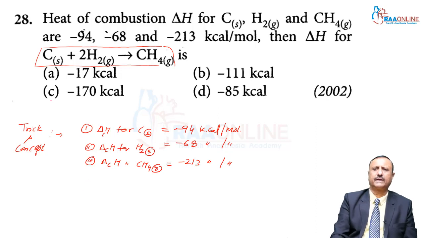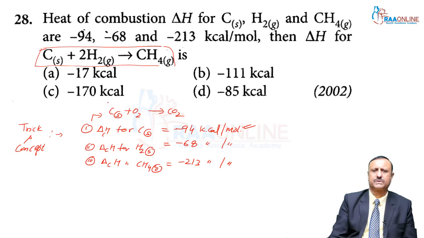Now, the target is over this. Here you can see carbon solid is present, 1. So, you can take this heat directly, because what is combustion? Carbon solid plus oxygen gives CO2.